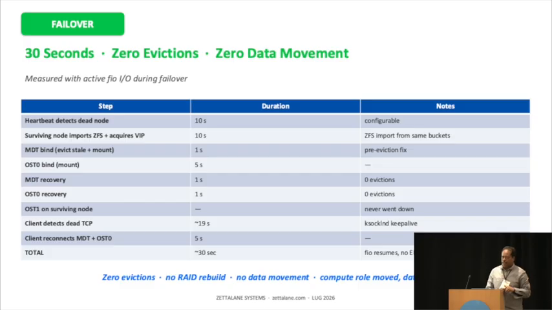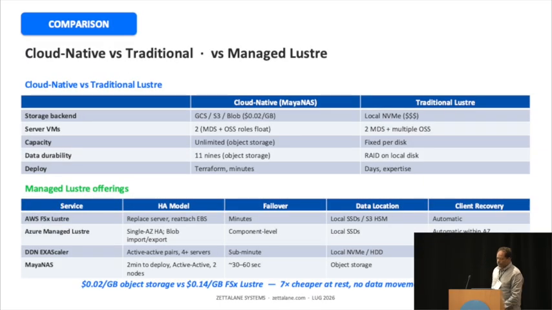There is an option where you don't have to walk the object storage for recovery, but still, for peace of mind, it's better to walk the object storage. So here is just a comparison of cloud native with traditional Lustre, cloud native when you use object storage.